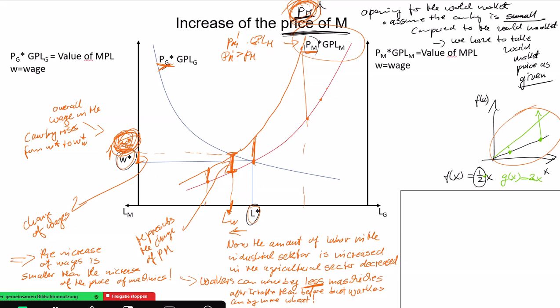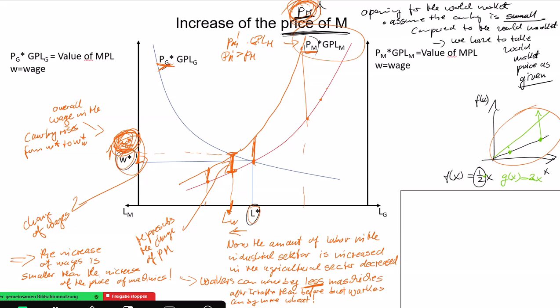And now we can also go to the industrial sector, because there it is also not directly clear that they are better off. About this we have also to think, because at first they are happy, well, I can sell for higher prices. But the new labor market equilibrium means also, well, I have a higher revenue, but also I have to pay higher wages, so my costs are increasing.